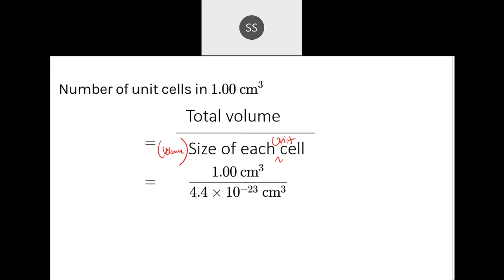Now I have substituted here. Just divide 1 divided by 4.4. This 10 to the power minus 23 you can take up, it will become plus 23. 1 divided by 4.4 will be how much?